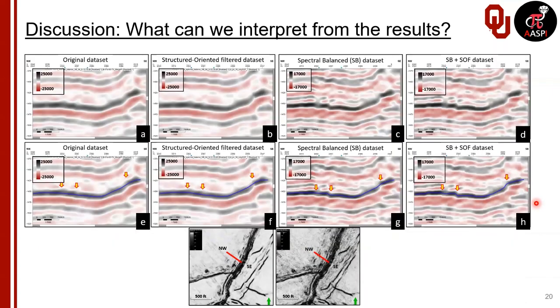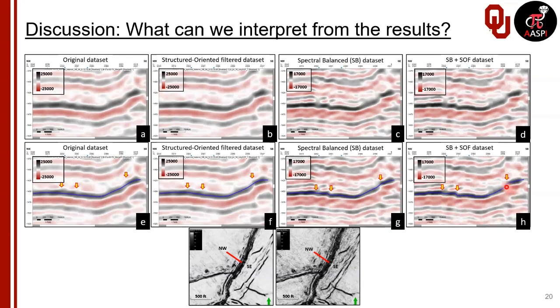To evaluate better if it's helping or not, I took a few examples of the data and how it looks in the original, the structure-oriented filter, the spectral balance, and the combination of both. We can see here that spectral balance is helping me see very subtle features that can be interpreted as discontinuities, faults.